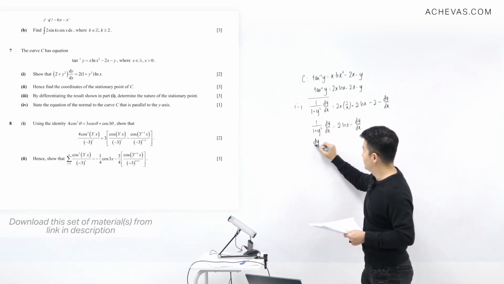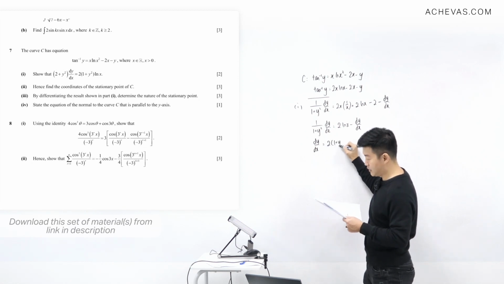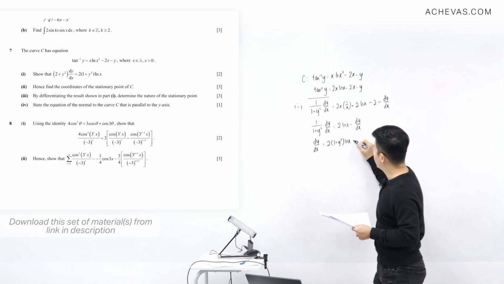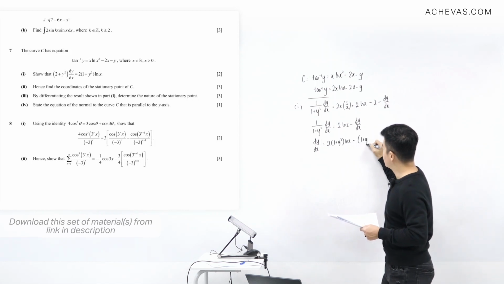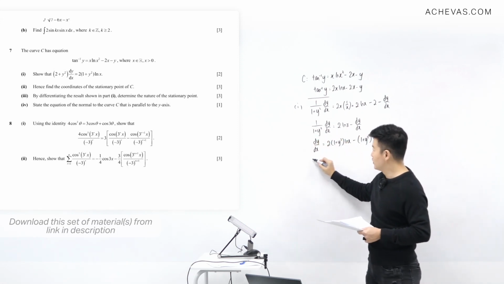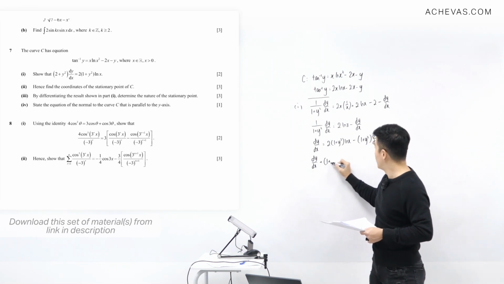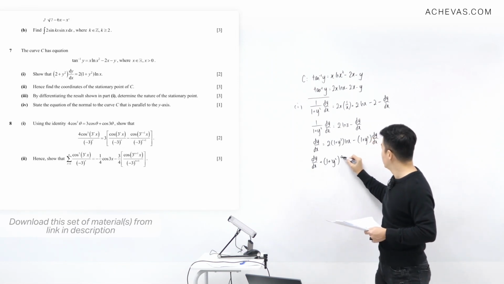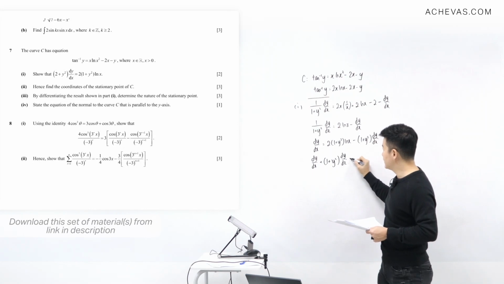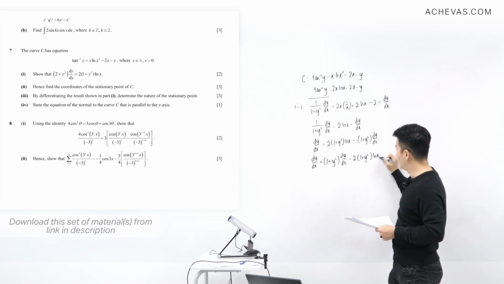So we have dy/dx equal to 2(1 + y²) ln x − (1 + y²) dy/dx, which I'm going to bring over to the left-hand side. So we will have dy/dx + (1 + y²) dy/dx equal to 2(1 + y²) ln x.